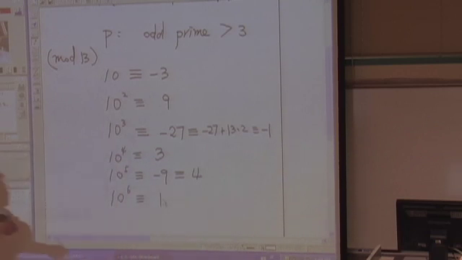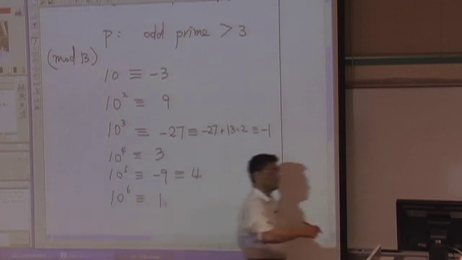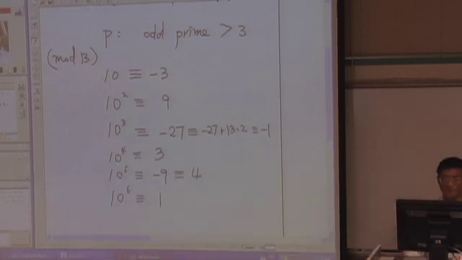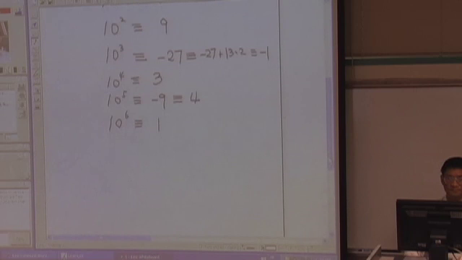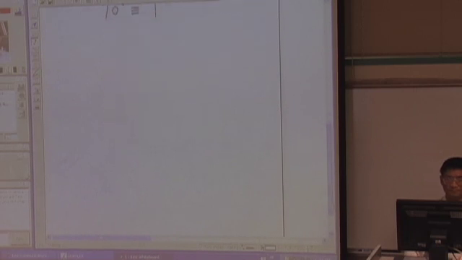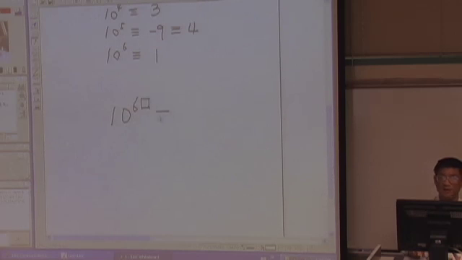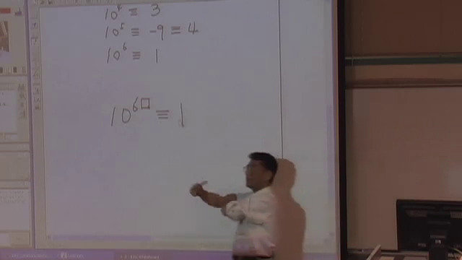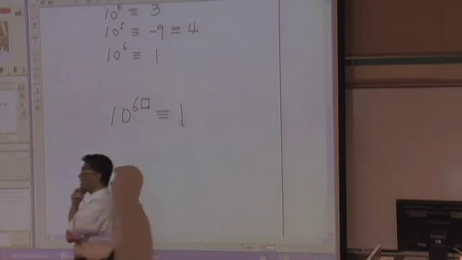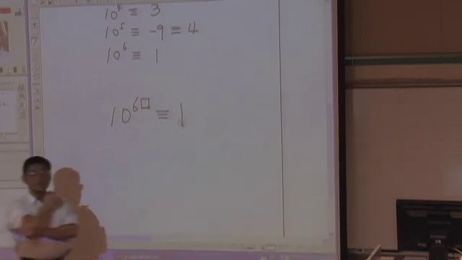As you can see, 10 to the power of 6 times any number is congruent to 1, right? Then we want to break up the number using 6.